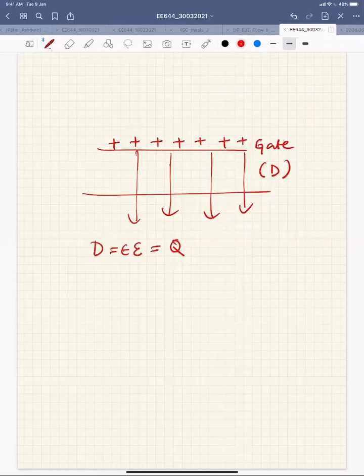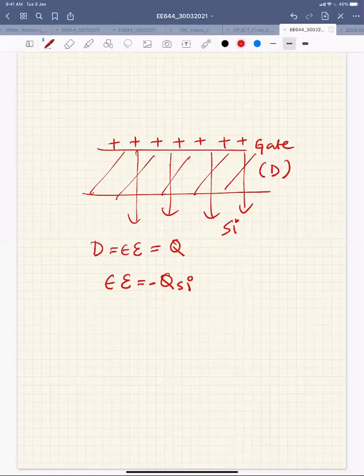Because this is my insulator here, if I have certain positive charges in the gate, I'll have the same amount of charge on the other side. On the other side we have silicon. So this epsilon E is also equal to the silicon charge, and this should be minus, because if I am applying positive charge in the gate, the other charge will be negative in the silicon side.